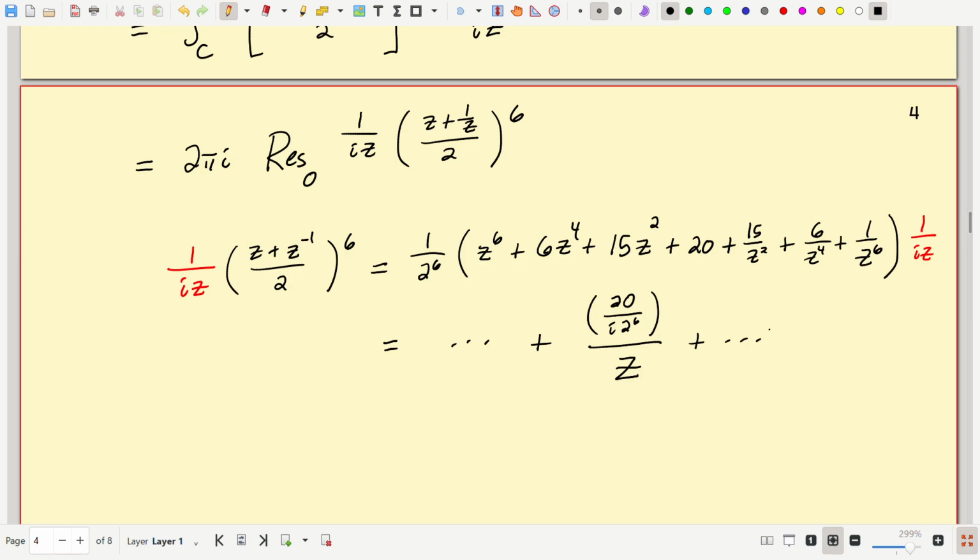Plus other terms, who cares what. That middle term is the residue. It's going to spit me out the residue term.